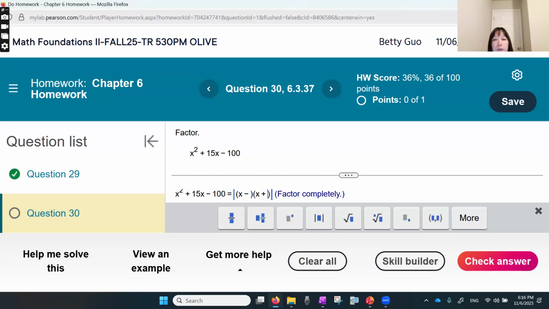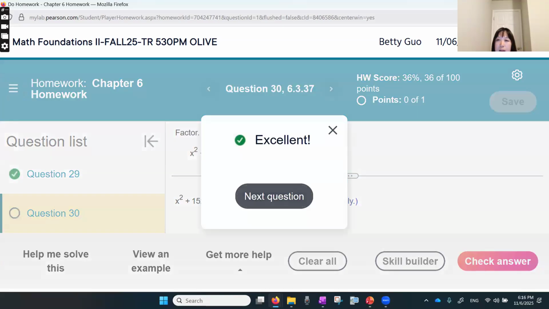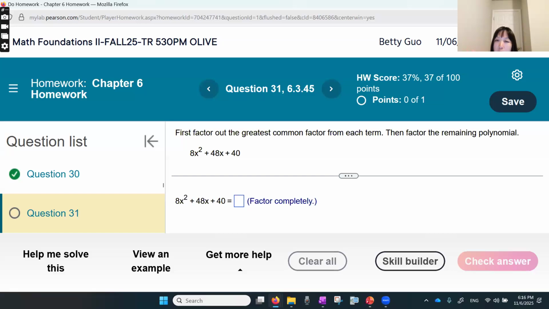No. 4 times 25. No. 5 times 20. 5 and 20. Then look at that: negative 5, positive 20. Double check. Negative 5 times 20 is negative 100. Negative 5 plus 20 is positive 15. Done. Right?